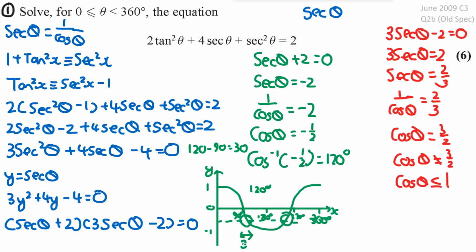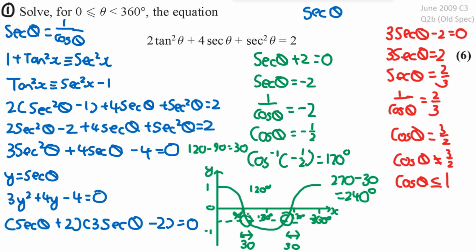So therefore the difference between this point and this point is 30. So therefore the difference between this point and 270 is also going to be 30. So therefore this point here is going to be the 270 minus the 30 difference to get to this point, which is equal to 240 degrees.